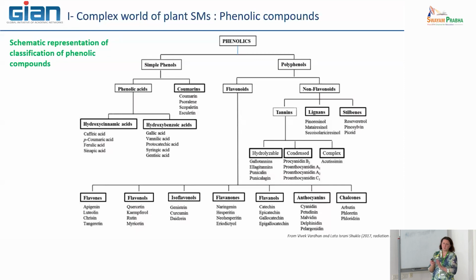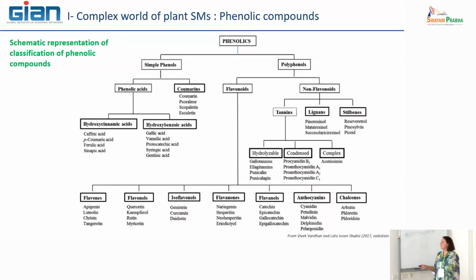And it is a small branch compared to this one, what is called polyphenols. Polyphenol means that you have not only one phenol molecule, but more than one. And in this case, you have primarily a division between flavonoids and non-flavonoids, quite easy to see.